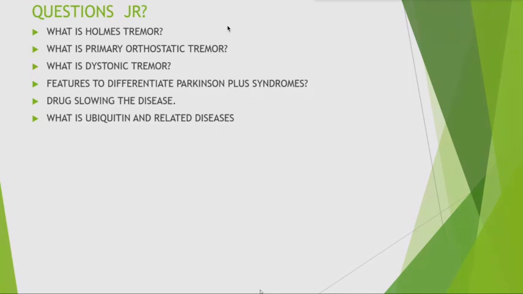The associated features. If there is eye involvement, then it's progressive supranuclear palsy, and with autonomic symptoms, then multiple system atrophy, associated with cerebellar symptoms, then MSA-C, and postural hypotension.